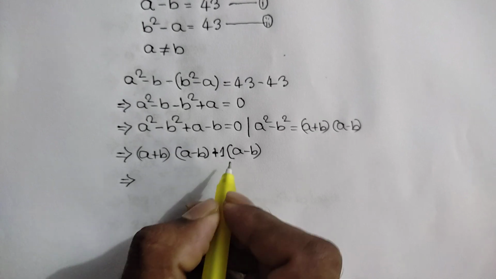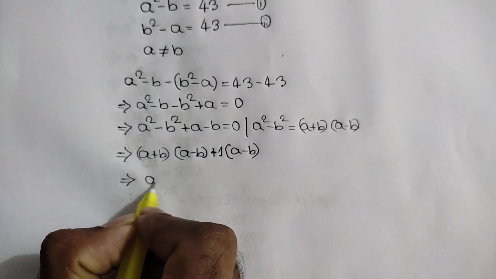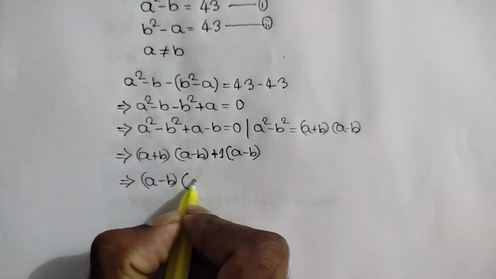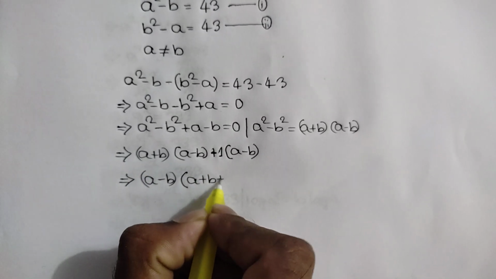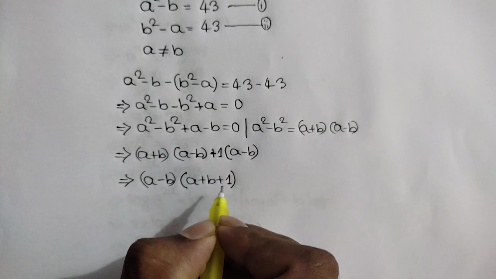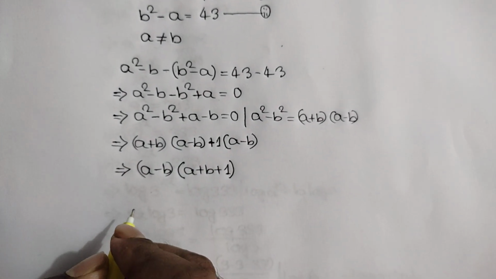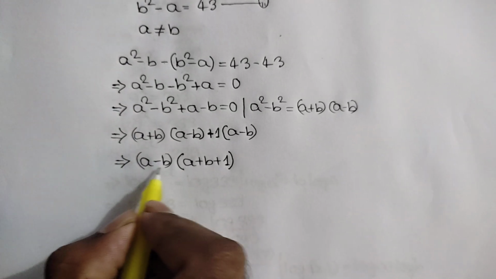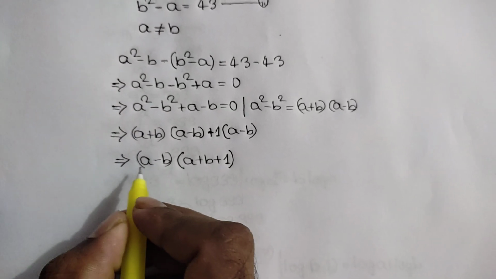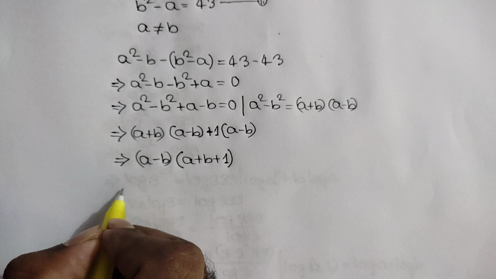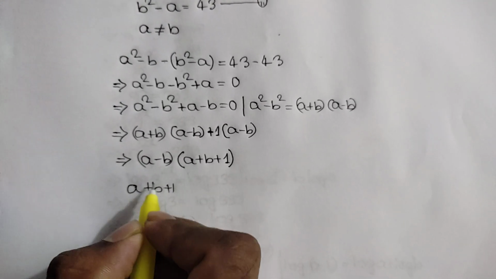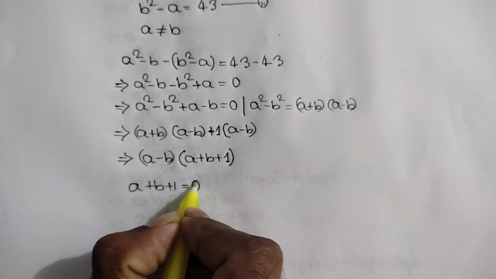Now taking common a minus b, we can write a minus b bracket a plus b plus 1. Here a not equal to b, so a minus b not equal to 0. So a plus b plus 1 is equal to 0.